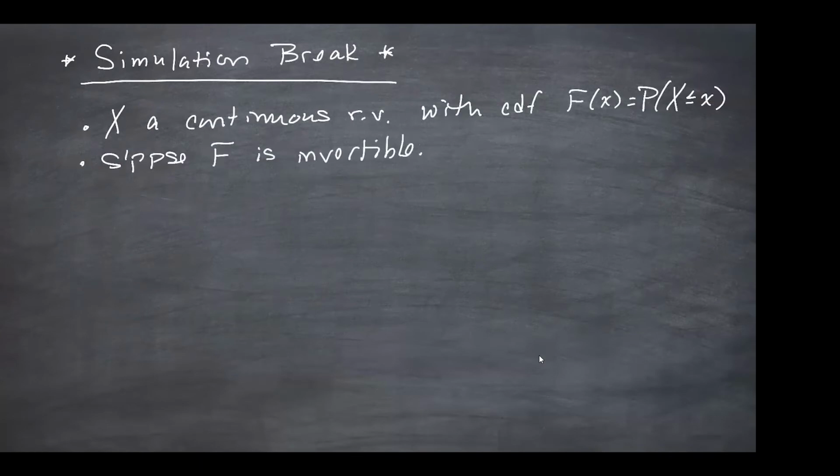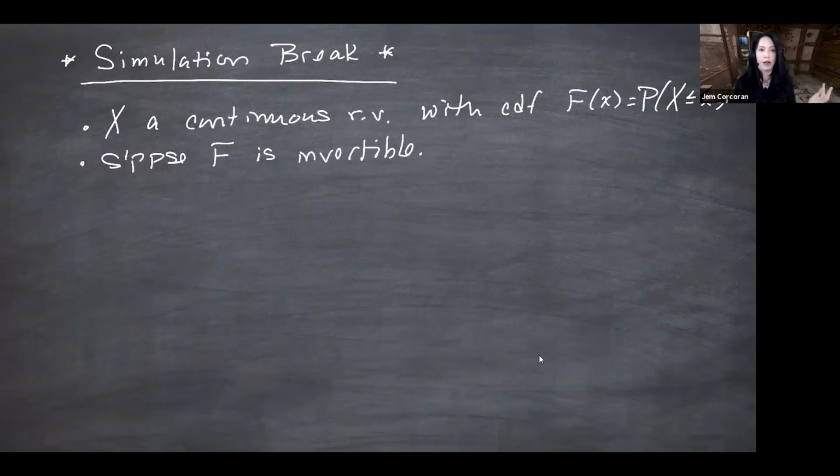Now, I want to simulate values of X, and can I write down the CDF? Is it invertible? Maybe, maybe not. And if not, you go into the next thing, and the next thing, and the next thing. Our next algorithm is going to be the accept-reject algorithm. And in that case, you want to be able to bound the target PDF with something. And if you can't do that, you go on to the next thing. And this is what keeps me in business as a Monte Carlo person and simulator, because there is definitely not a one size fits all thing.